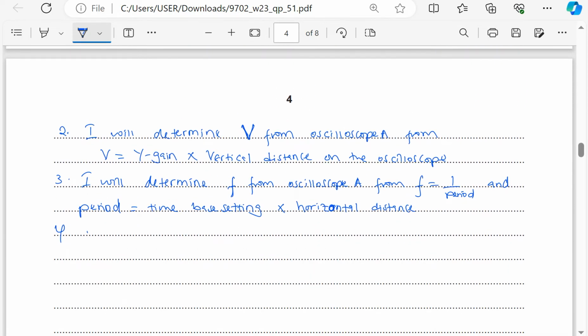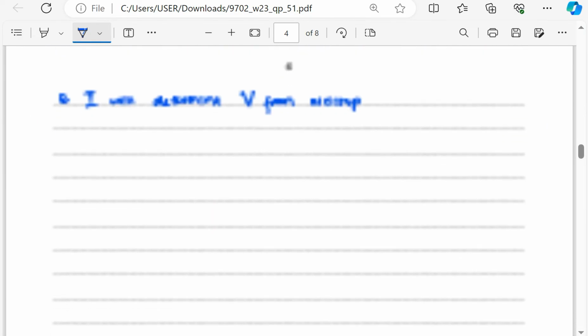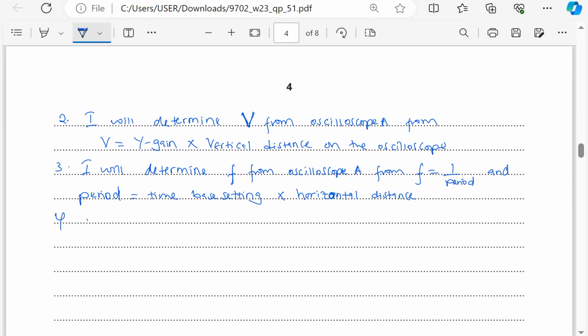Step number 4, then you have to look at the other oscilloscope B to determine E. I will then determine E on oscilloscope B. Still we find E from the Y gain times the vertical distance.